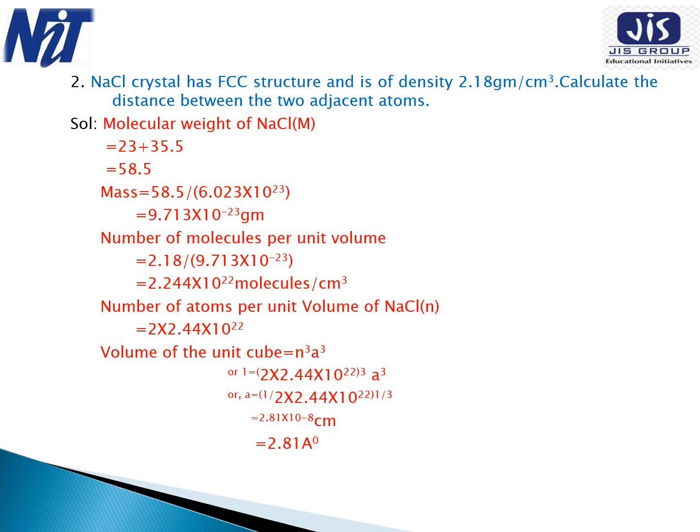Now next is to calculate the number of molecules per unit volume. Number of molecules per unit volume will be equal to the mass of unit volume of sodium chloride divided by the mass of a sodium chloride molecule. Mass of unit volume of sodium chloride is given, 2.18, and the mass of a single molecule we have just calculated, 9.713 into 10 power minus 23 gram.